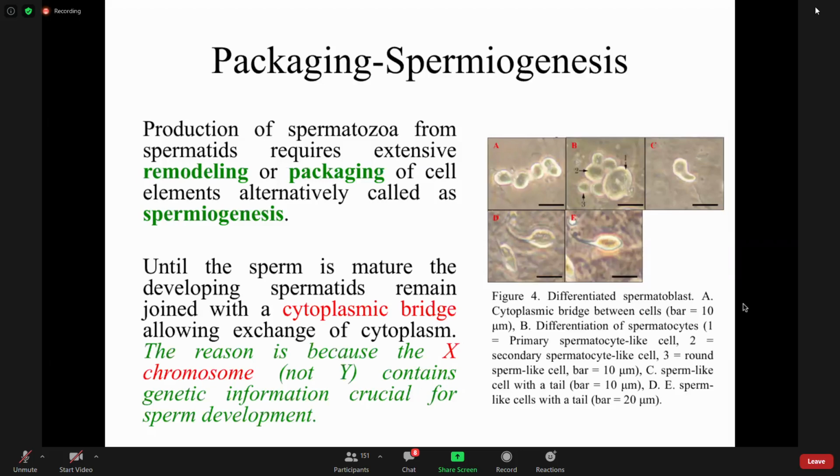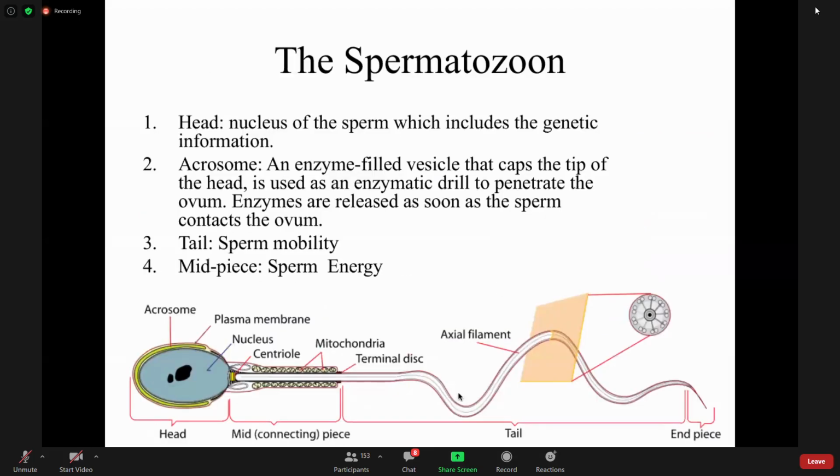They do that because they want to maintain the exchange of specific genetic material, because only the X chromosome and not the Y contains information in regards to testosterone. And because testosterone is super important for the remodeling of the spermatid into spermatozoon, it's important that all spermatids stay connected between them throughout the remodeling phase.